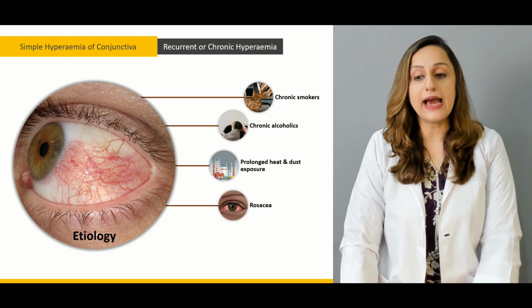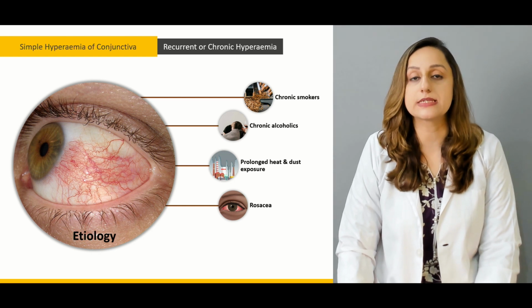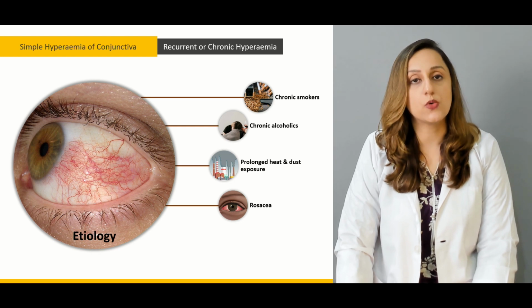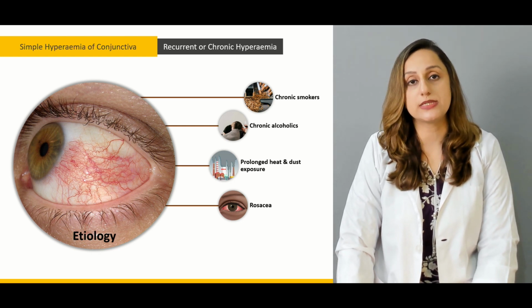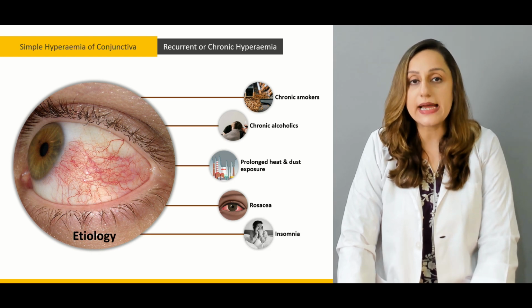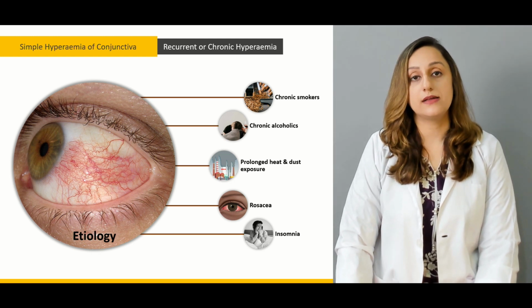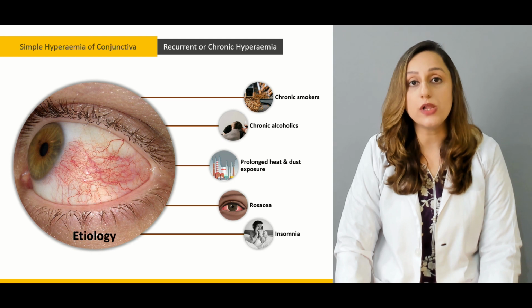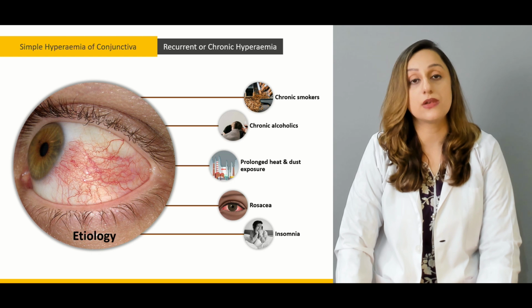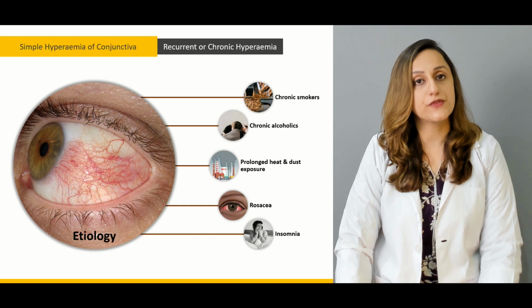Then we have acne rosacea. If there is some sort of local inflammatory condition of the skin, it can even result in inflammation or reddish discoloration of the conjunctiva, which is the hyperemia of the conjunctiva. Then finally, insomnia, the inability to fall asleep, is another factor towards the development of hyperemic conditions of the eye.